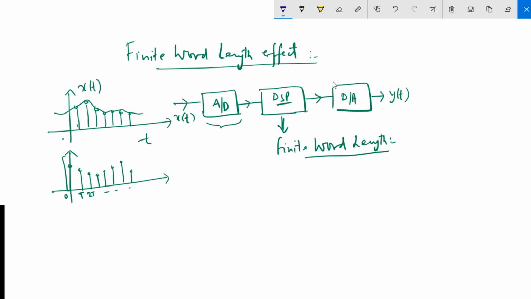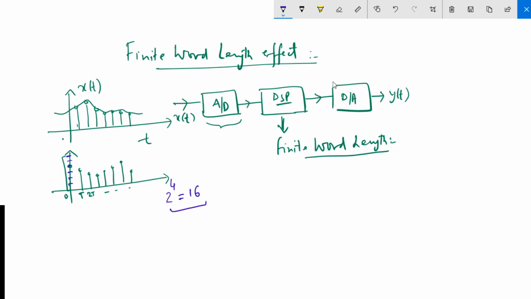We divide the amplitude of this signal into a certain number of levels, and those levels are defined by the resolution of your A to D converter. Suppose you have a 4-bit A to D converter, so you can have 2 raised to power 4, that is 16 amplitude levels on the amplitude scale.